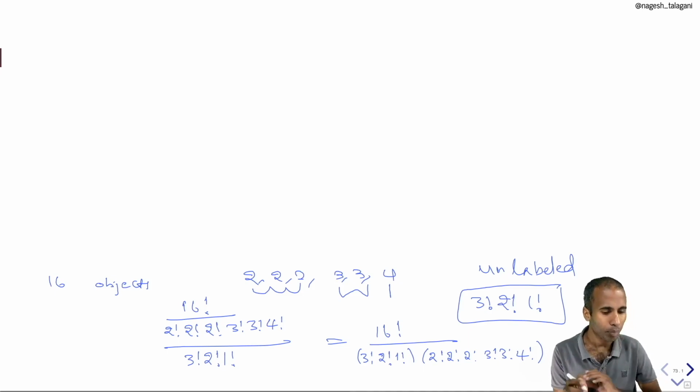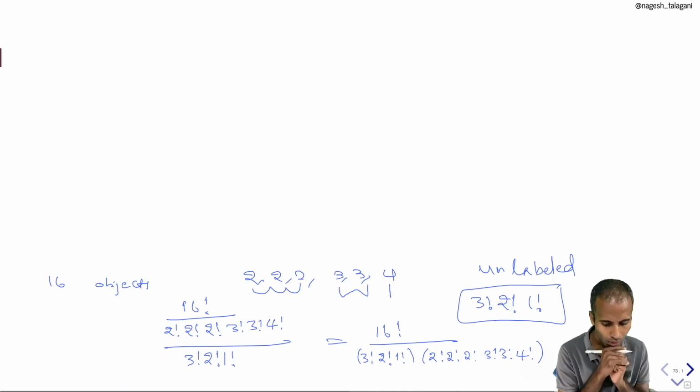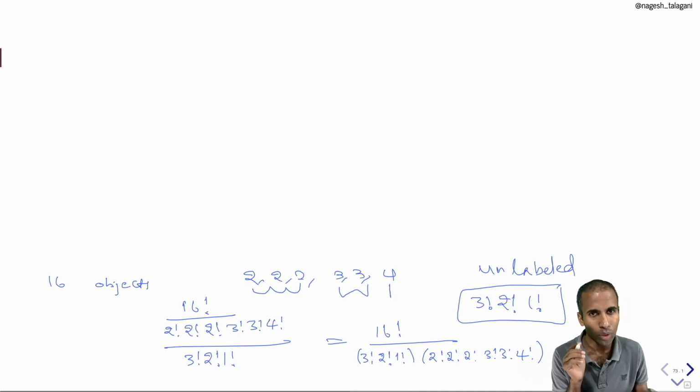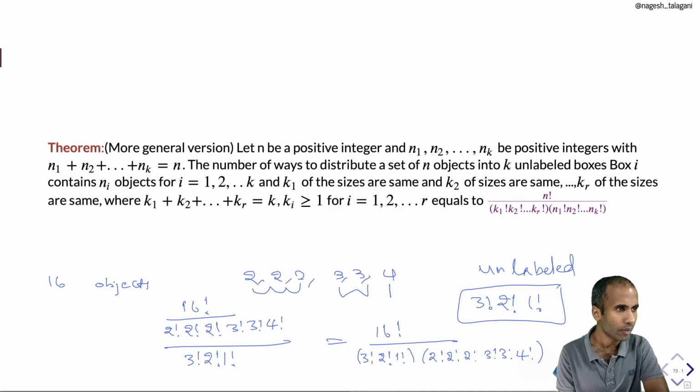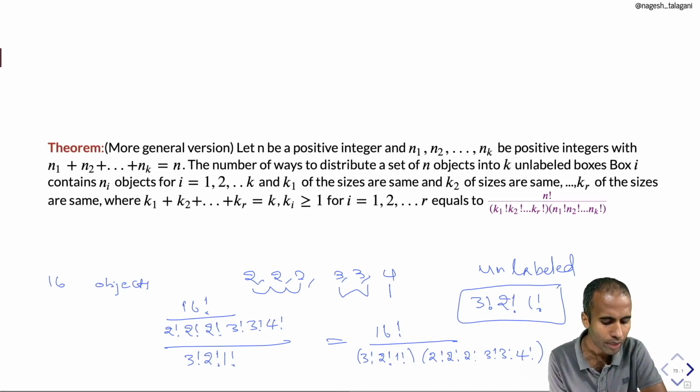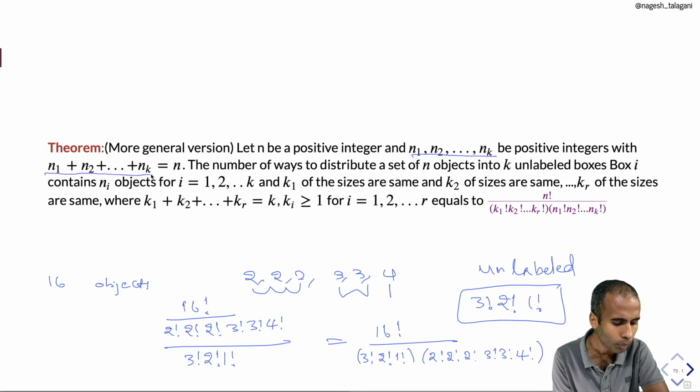Now let me state a more general version here. Just try to understand intuitively. Theorem: let n be a positive integer and n1, n2, so on nk be positive integers with n1 plus n2 plus so on nk equal to n.